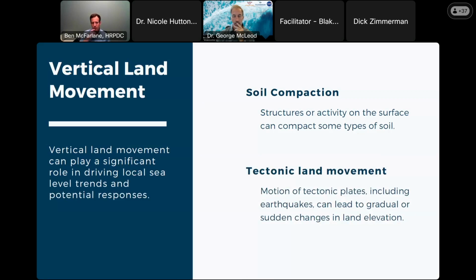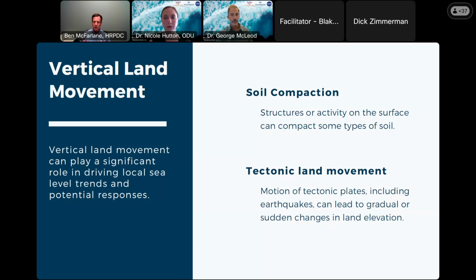So another example of this work, the things that we're trying to look at here in Hampton Roads that we need to be paying attention to: vertical land movement is critical for us. We know it's happening. It's not a lot, but it is. It's important for us. And really for us, understanding what's going on in terms of vertical land movement and how that can be changed or not changed really could add or take away several decades in terms of our timeline for when we need to start adapting to sea level rise.